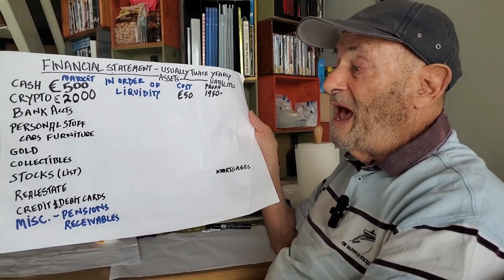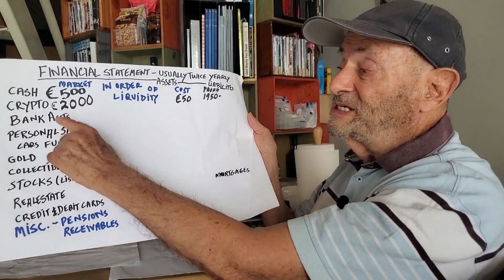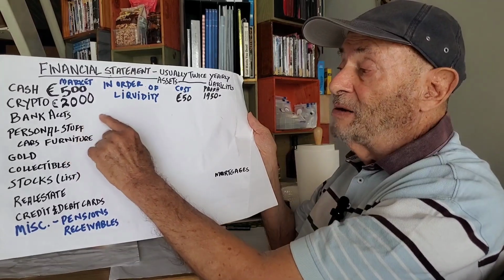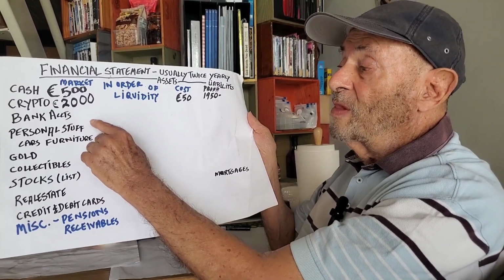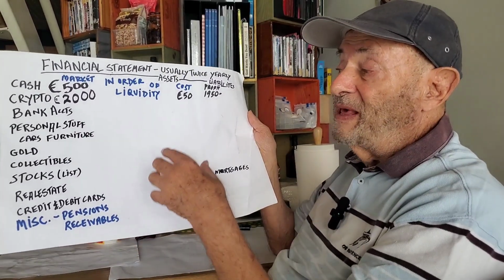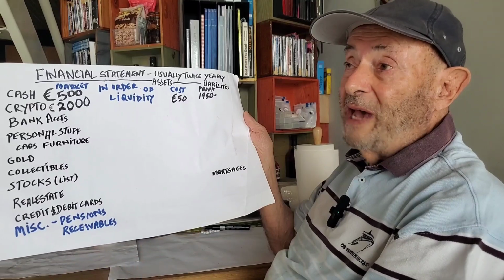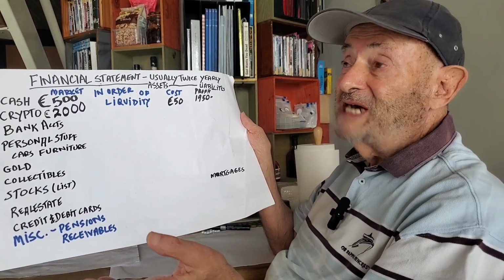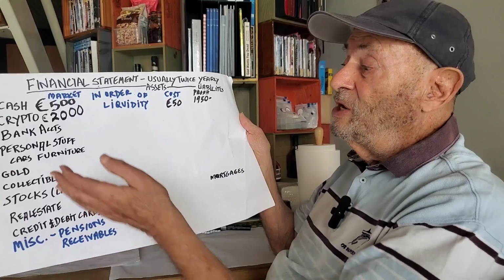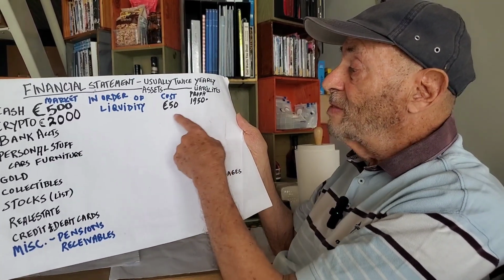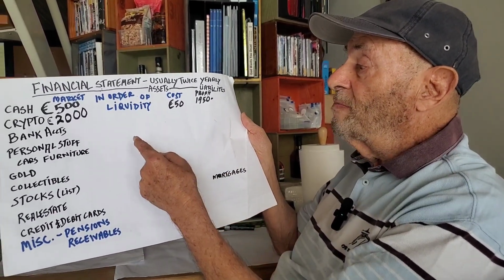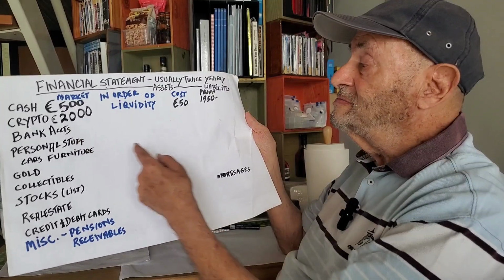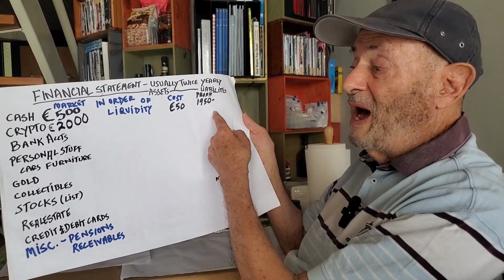It doesn't matter what you have in them, but you might have a separate sheet on bank accounts with exactly what's in it, because you want to know what you had 5 years ago and what you have now. So if you have a stock in Amazon, you want to know what it cost, the market value, and if you're ahead or behind.